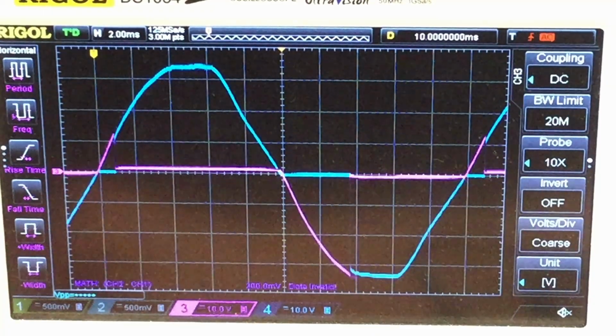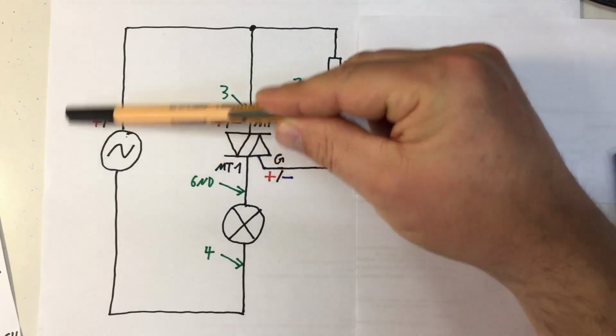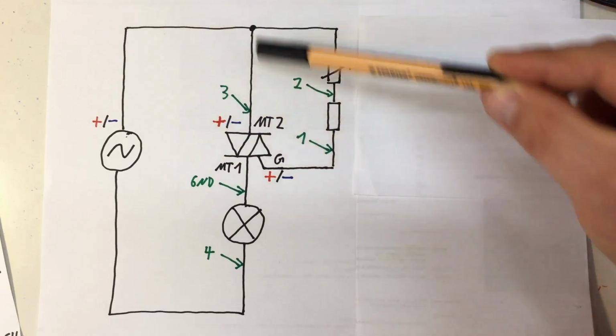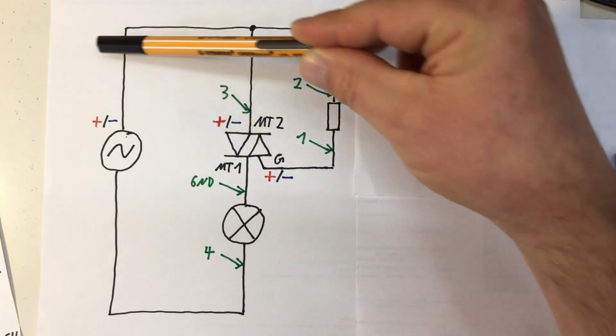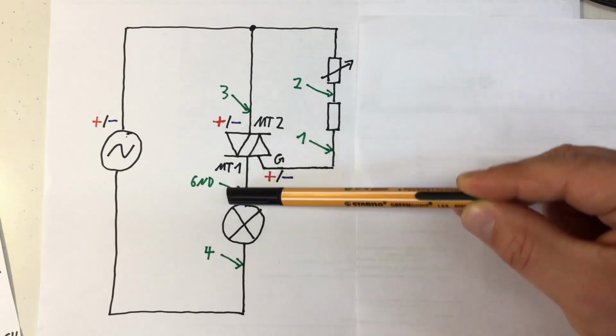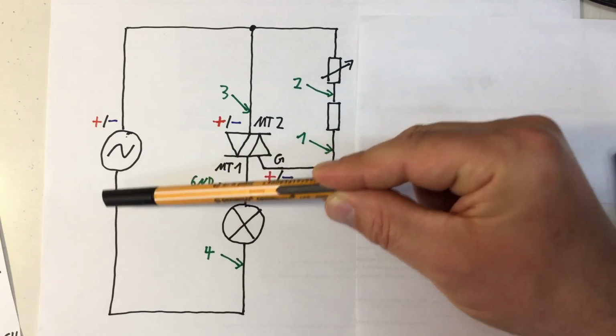why? Let's go back to our doodle for a moment. If I'm in the positive half wave, my main terminal 2 is positive, and of course my gate is positive relative to main terminal 1 both times, which is on the negative.